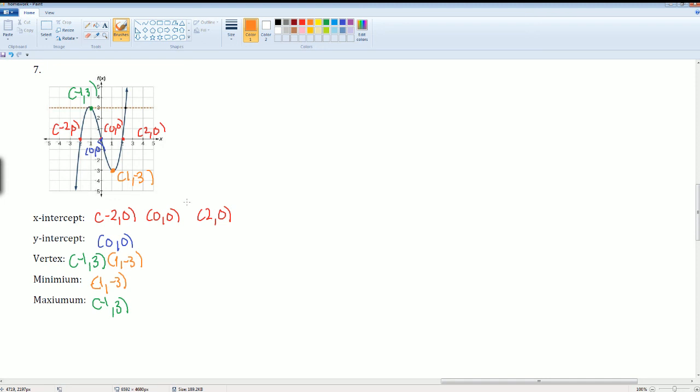So hopefully you understand the minimum and the maximum is where the vertex is, and it depends. If you look at your core concept, I kind of already gave it to you, but I can review it here. Here's a parabola. This is its vertex, and this is also your minimum.